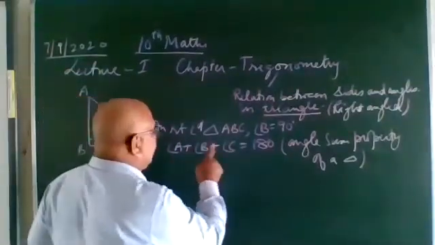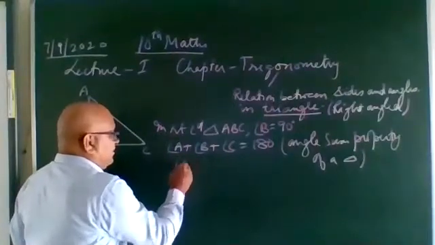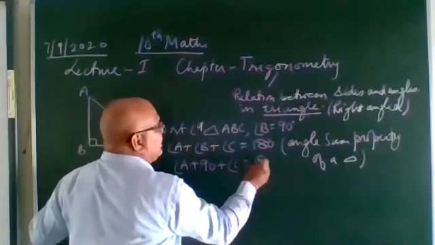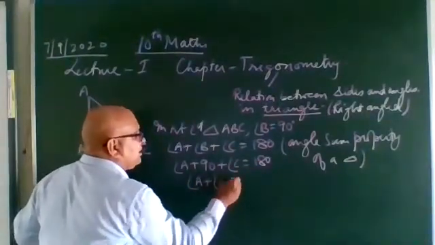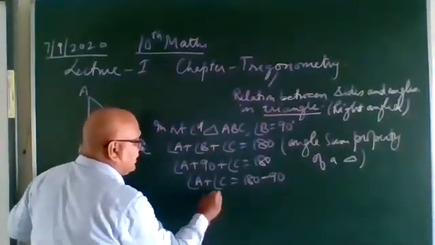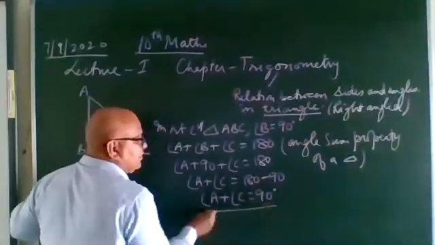Now, by angle sum property of triangle, A plus B plus C equal to 180 degree. B is 90, so A plus C equal to 180 minus 90. Angle A plus angle C is 90 degree.